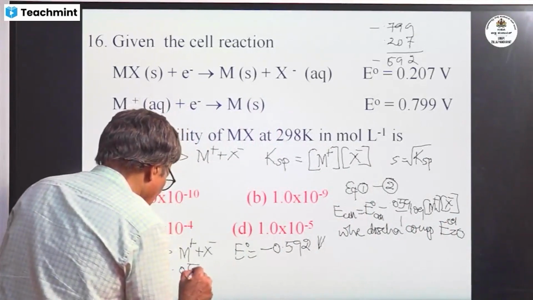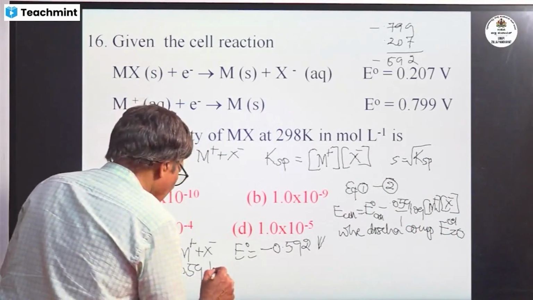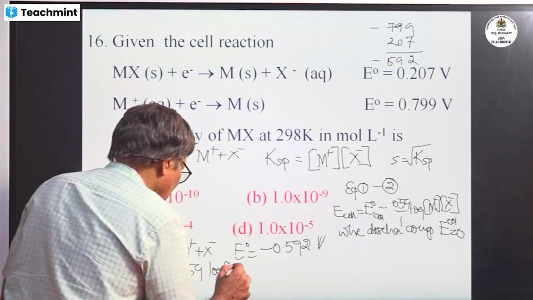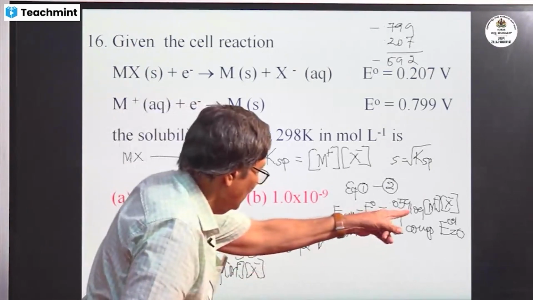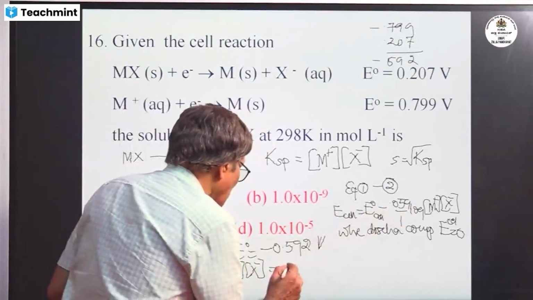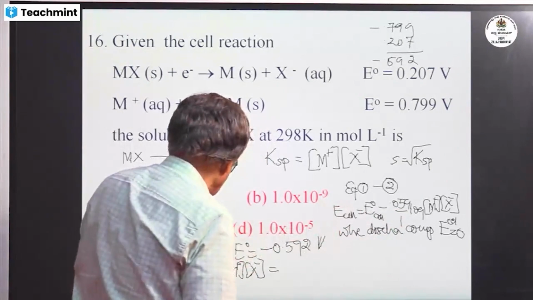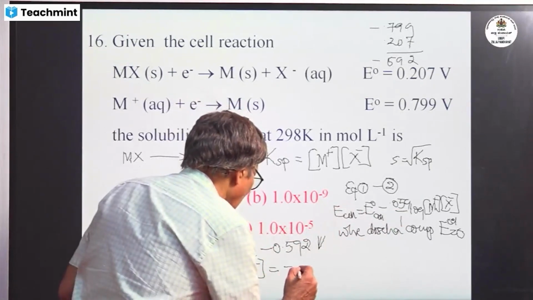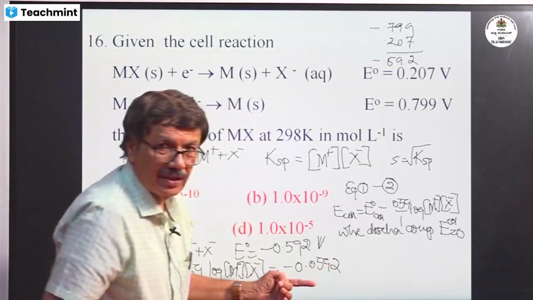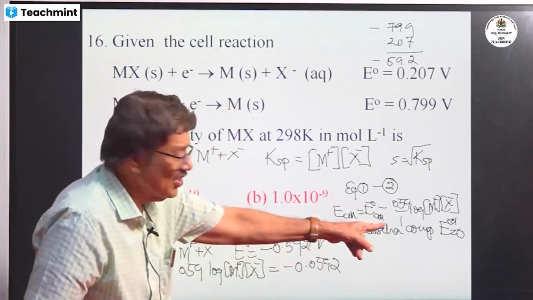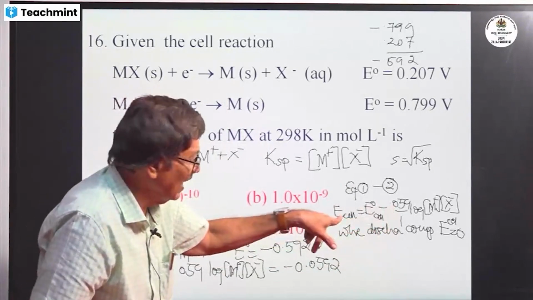When E cell becomes 0, 0.059 log of M plus into X minus is equal to E naught of the cell, which we got as minus 0.0592. You understood it? When the cell is discharged completely, E cell becomes 0.